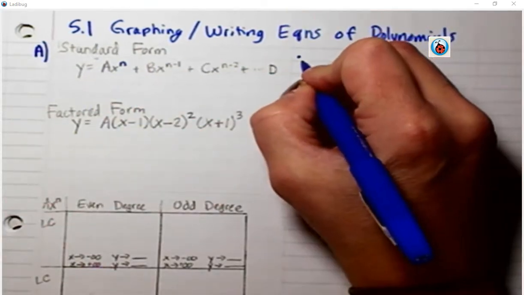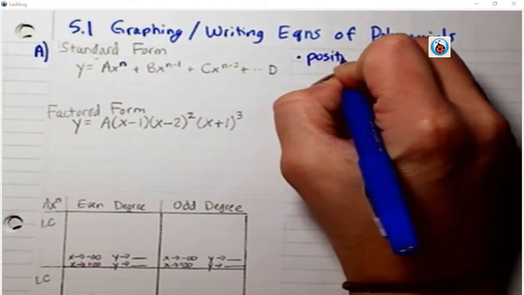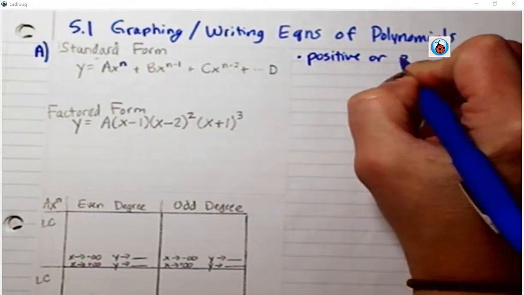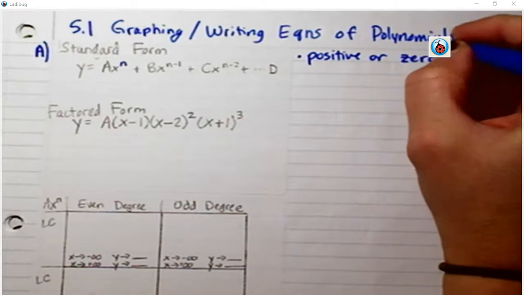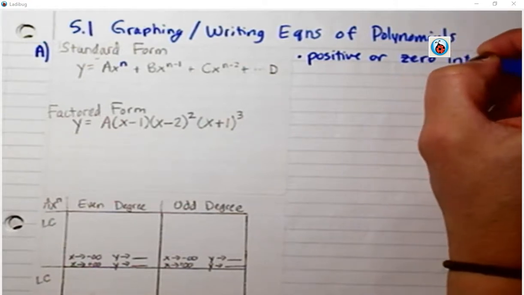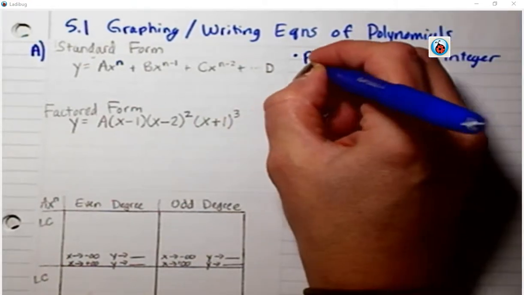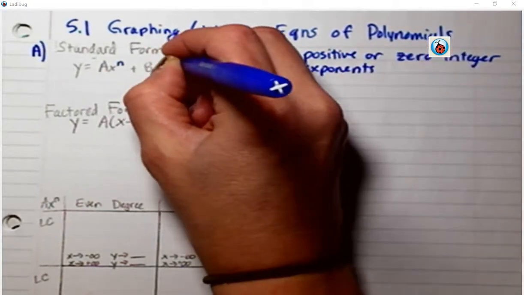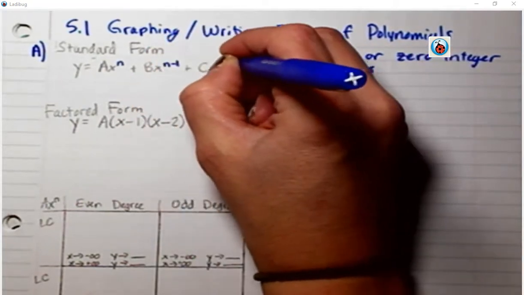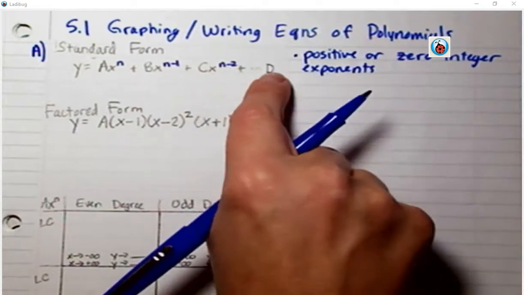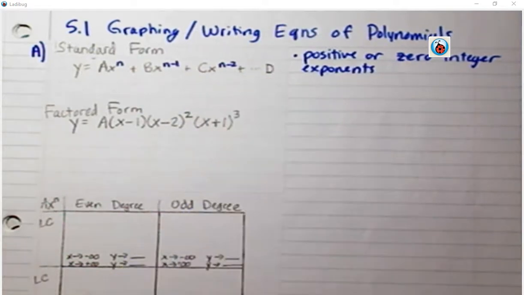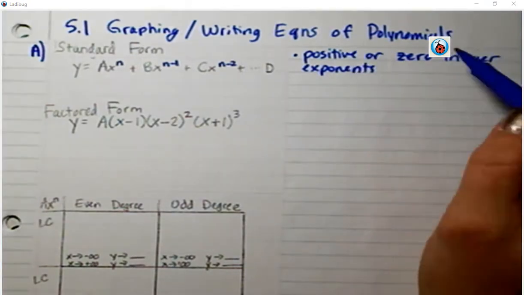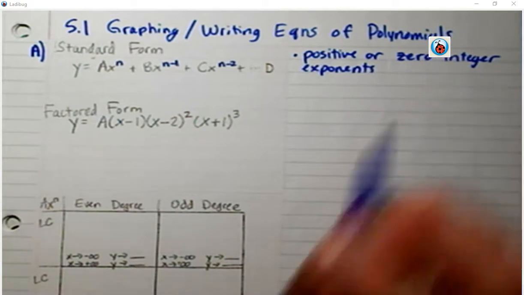You have positive or 0 integer exponents. Notice that last term has no x. That's okay. That's the 0 exponent.